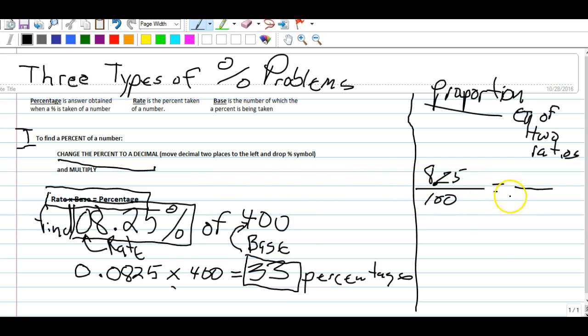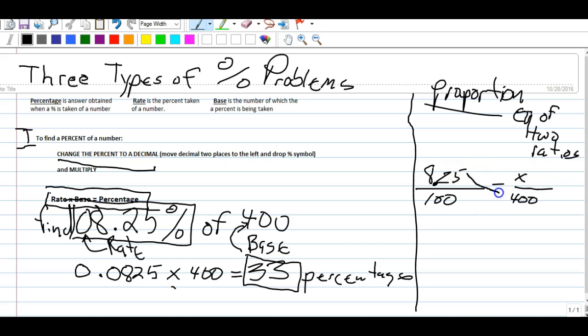And 400 goes downstairs, because if I had 100% of this number that I'm working with, I would have 400. So the value that I'm looking for, or the missing value, goes upstairs in this particular ratio. We can call that anything we want to. I'll just call it x.